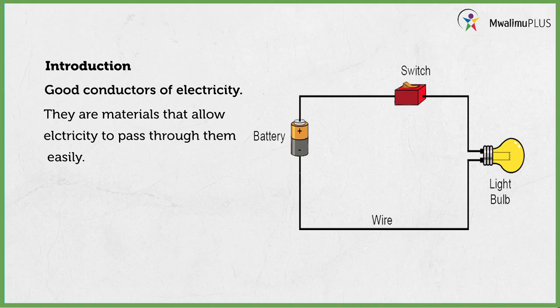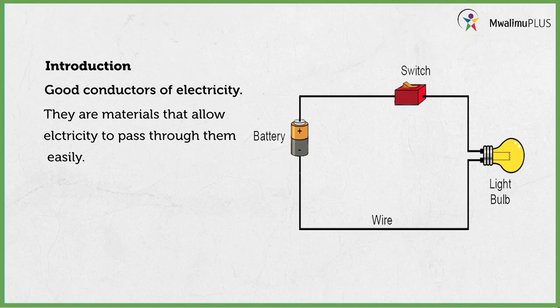So if you have a good conductor, a material that can conduct it, and you remove that switch and put it in there and connect it, it will complete that circuit, and light will be produced. But if it is a bad one, then light will not be produced, meaning that that material will not allow current electricity to flow through it.